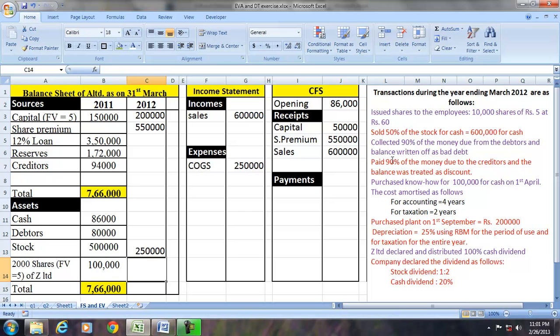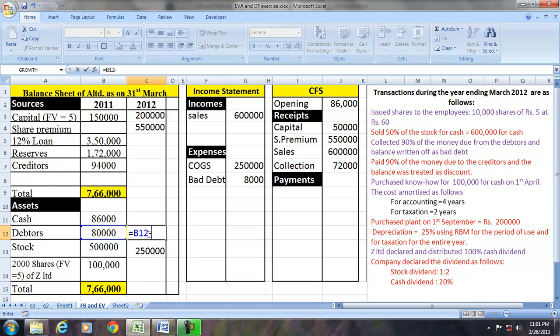Collected 90% of the money due from the debtors and the balance written off as bad debt. So collection is 90% of the old debtors, 0.90, and the balance 10% is a bad debt, so 10% of 80,000.